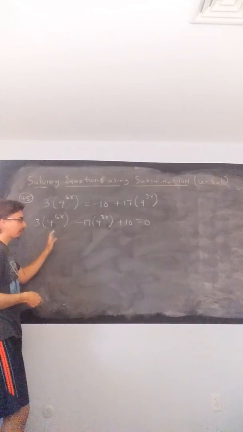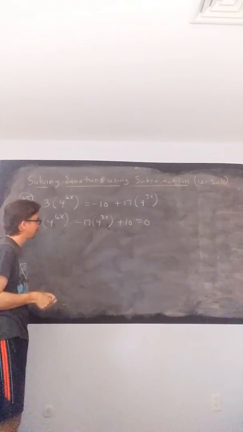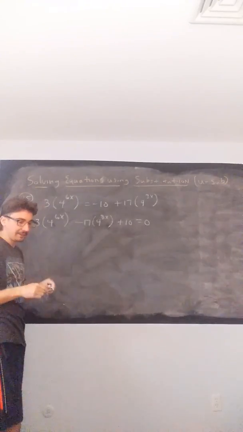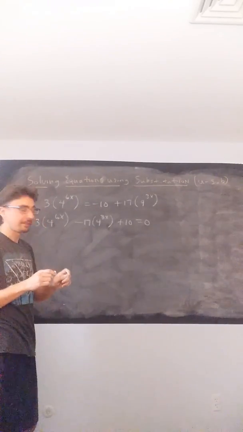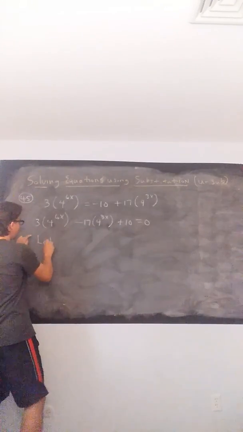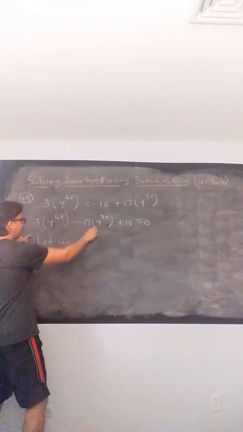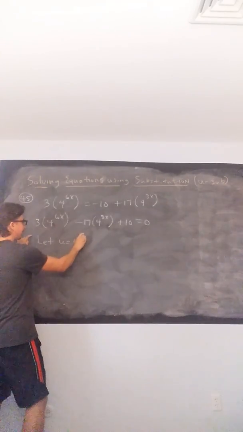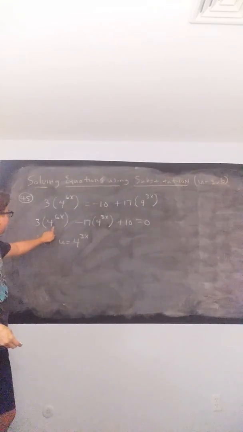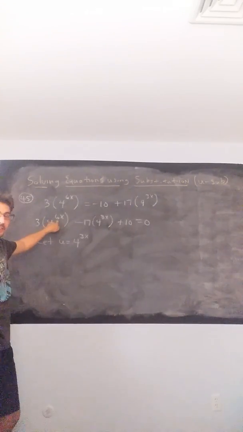Now, you gotta be a little bit creative with your substitution here. Think about like in the last problem, we had e to the x and we had an e to the 2x. So the same thing here is we're gonna want to let u be what's in the middle. So u is gonna be 4 to the 3x power. So what that means for this guy is, this is 4 to the 6x.